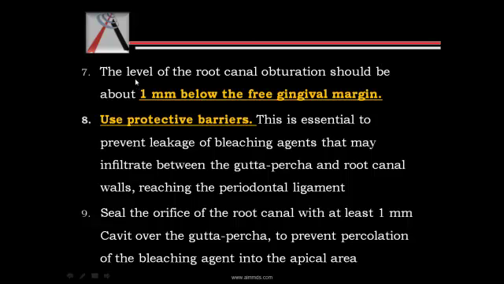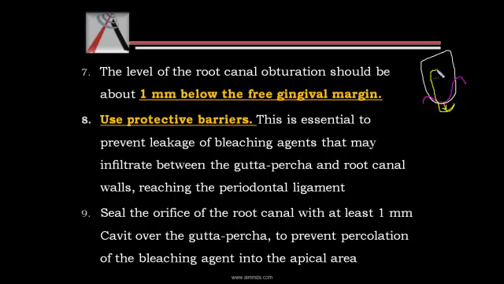Now, as we have already seen the removal of gutta percha till the level of the alveolar crest, the second landmark that we have to consider while we are removing the gutta percha filling is the gingival margin. So we have to make sure that gutta percha is removed 1 mm below the gingival margin.